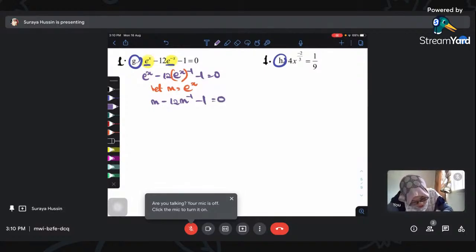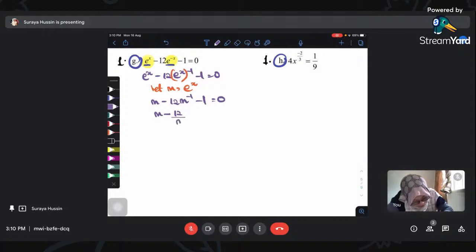And then m minus 12 over m minus 1 is equal to 0. Ingat ya yang ini, do you remember this is a negative m, akan memberi kamu 1 over m.